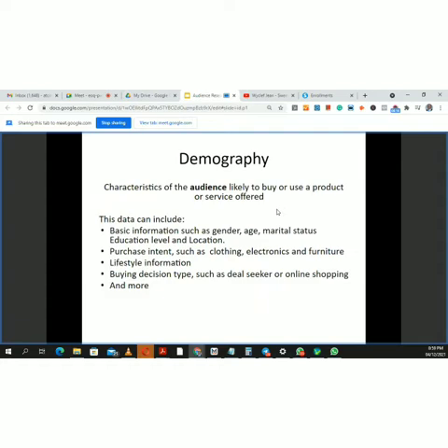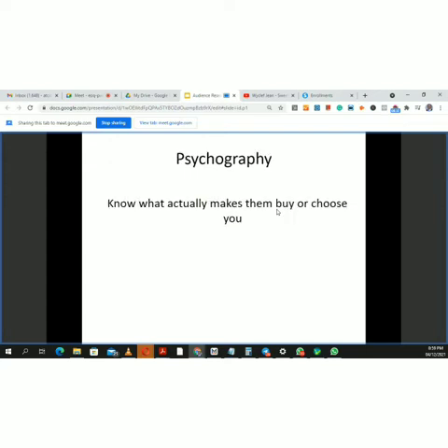And this can also be perceived from simple interaction, or by understanding who they are. Their buying decision type: are they a deal seeker? Do they like to wait until you are doing a promo or a discount, or are they an online shopper? And other things that you can use for your demographic.